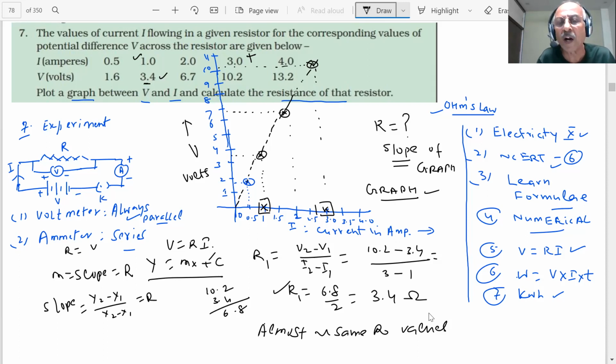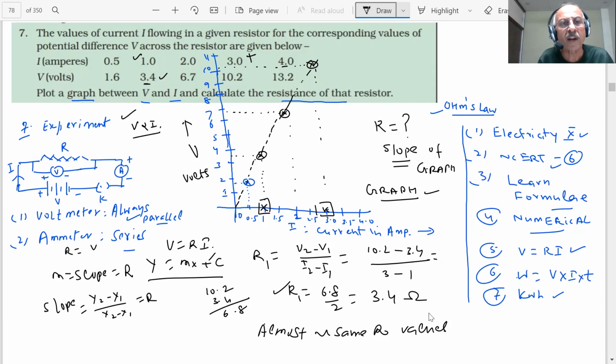More the V, more the I, so it proved V is directly proportional to I. And directly proportional means there is some constant R into I, student. V is equal to R into I. That was the experimental proof of Ohm's law. Okay.